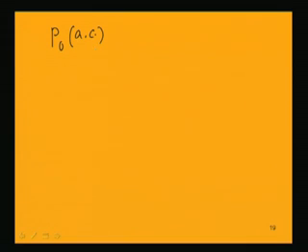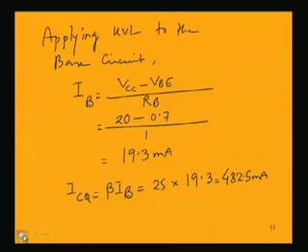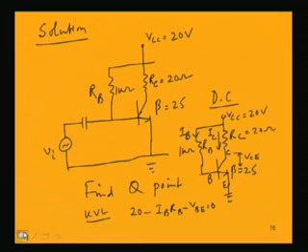So, that is the RMS value of the collector current, IC peak by root 2, and the RMS value of the collector to emitter voltage VCE. If we look into this circuit, this is the VCE.